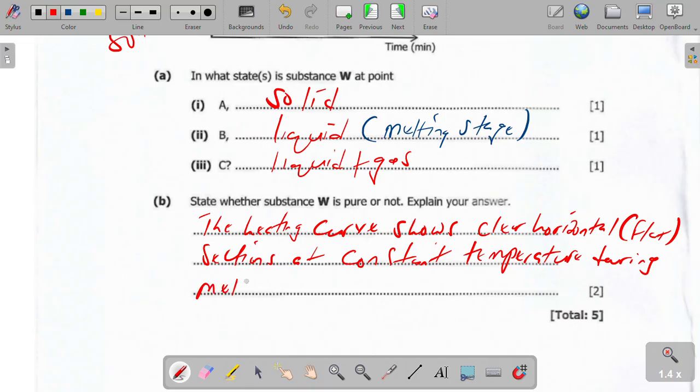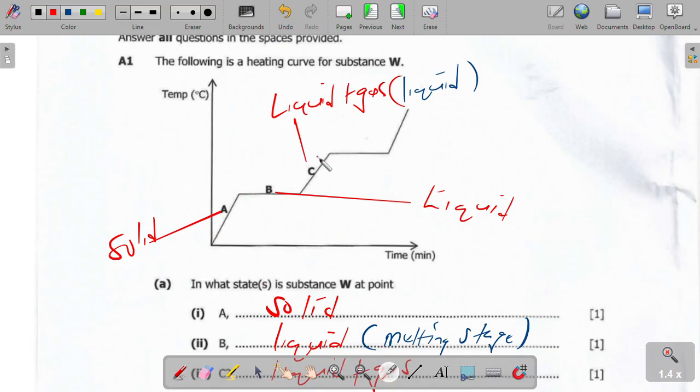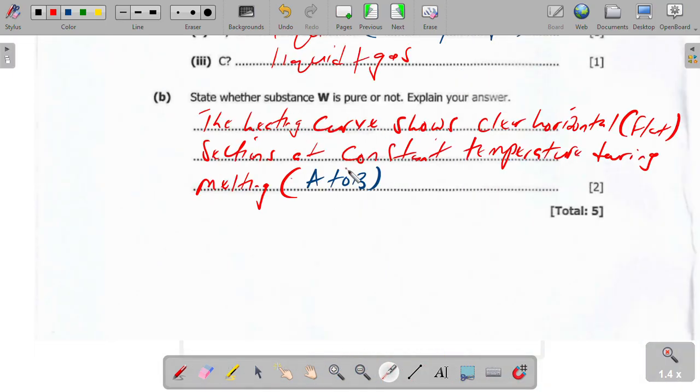Melting. Melting is A to B. So the heating curve shows clear horizontal flat sections, flat sections, and boiling, here after C.